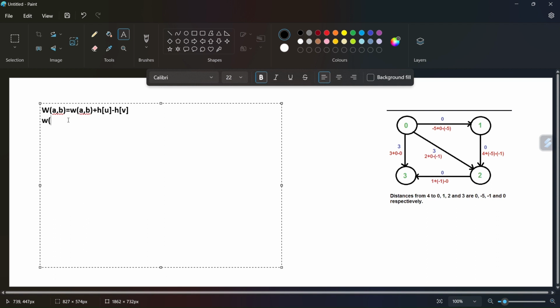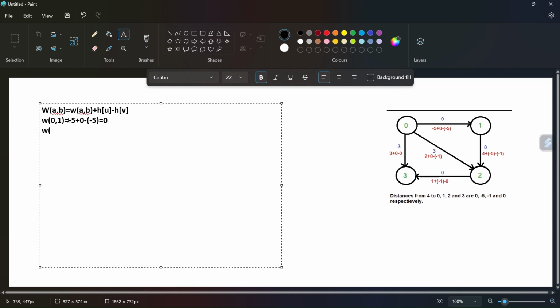Now let us implement this formula for edge 0, 1. Weight of 0, 1 is equal to the old weight, -5, plus the potential value of 0, which is 0, minus the potential value of 1, which is -5, which in turn will be equal to 0.